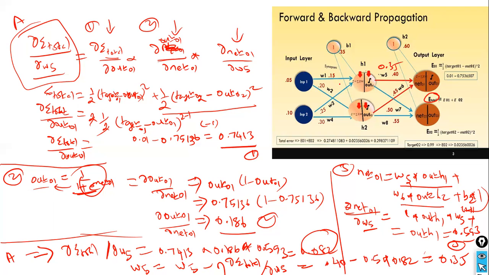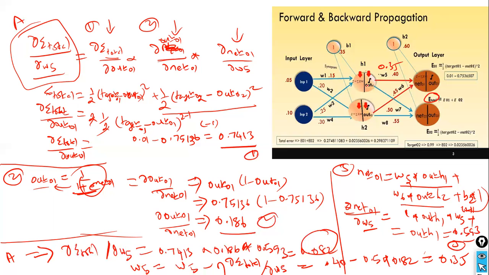The next step is we need to take the partial derivative for your hidden layer. The same thing you need to do here. Okay, so in this case, dou E total divided by dou W1.